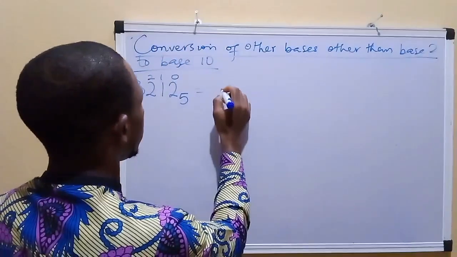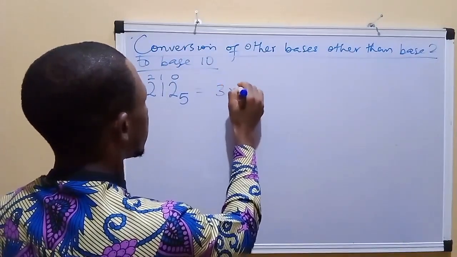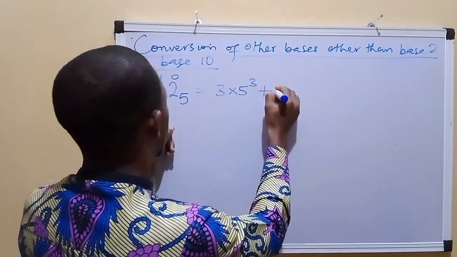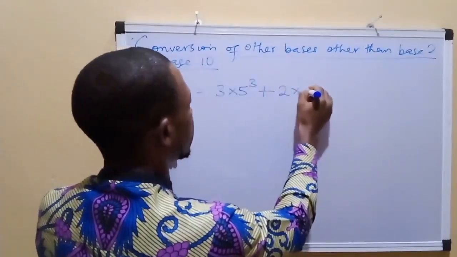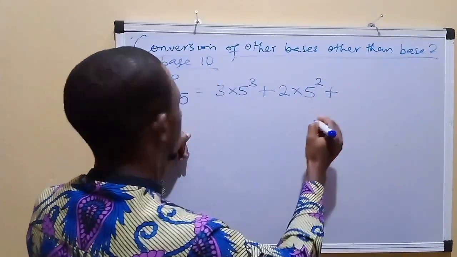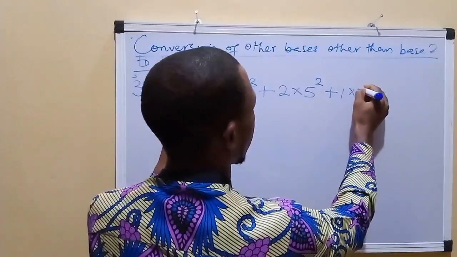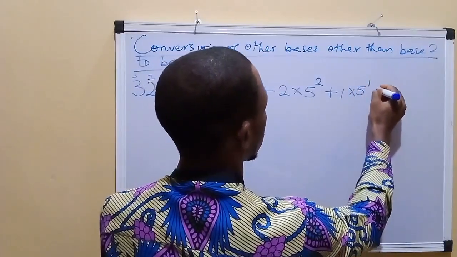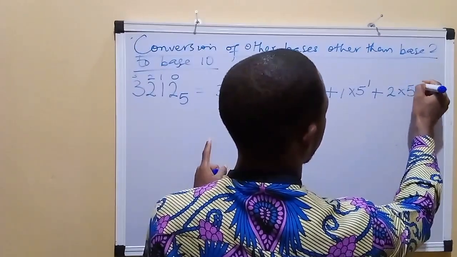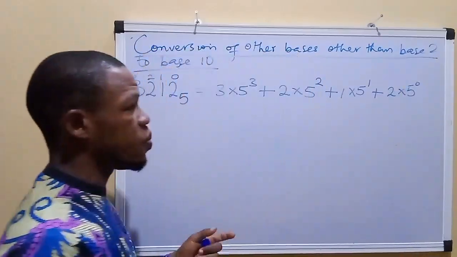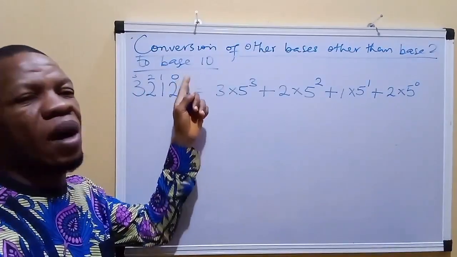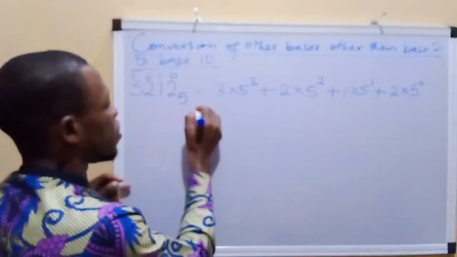Here we have 3 times 5 raised to power 3 plus 2 times 5, which is the base, raised to power 2 plus 1 times 5 raised to power 1 plus 2 times 5 raised to power 0. Like I've explained initially, the essence of this subtraction is so that the last digit will be raised to the power of 0.